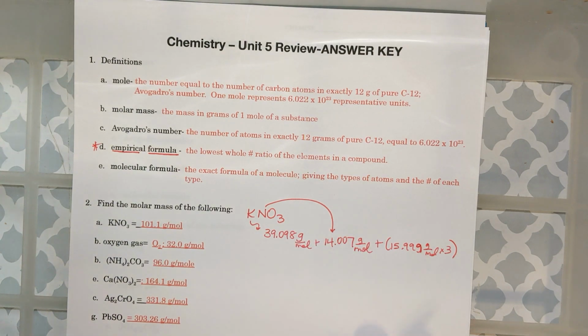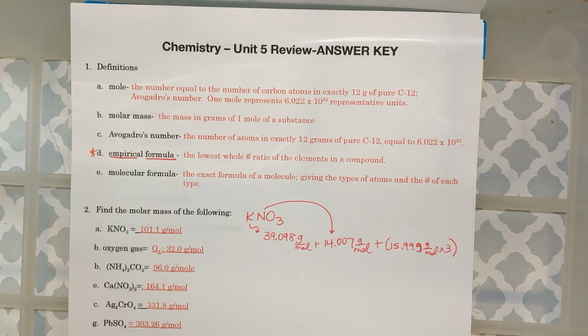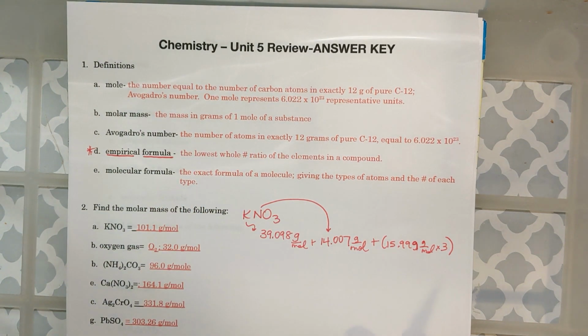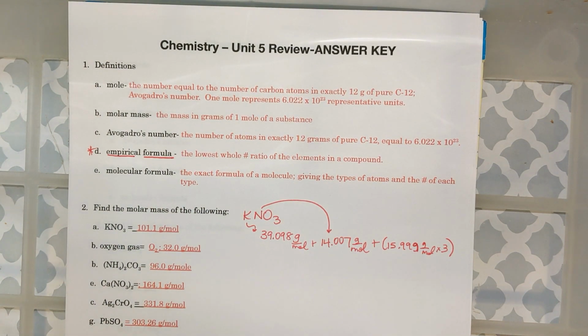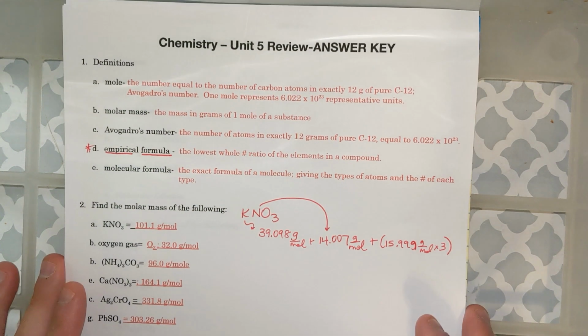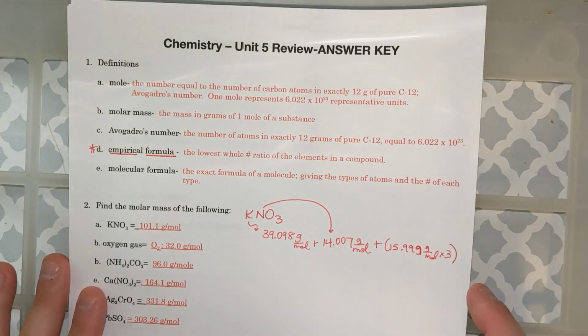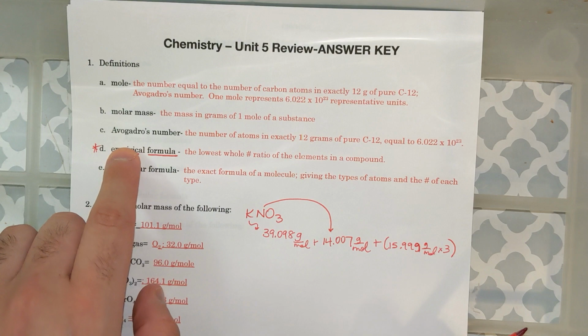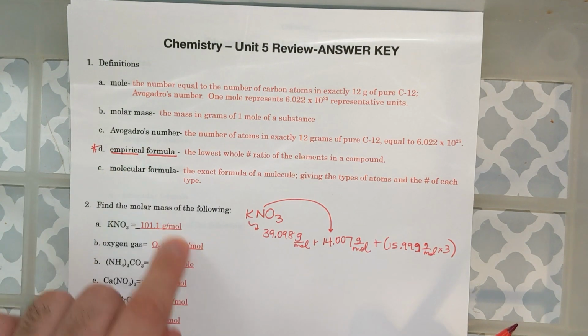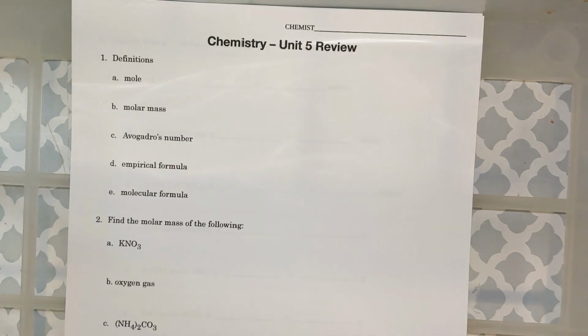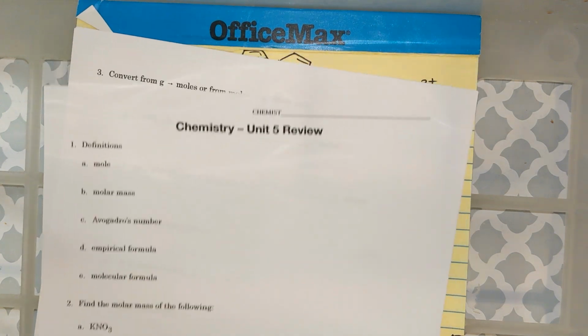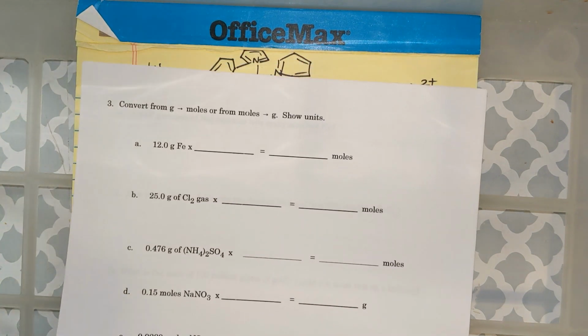So that is how you are doing question 2, just getting all these molar masses from the periodic table. If you want to get these answers, you could just pause and get all of the answers so you know what the definitions are of a mole, molar mass, Avogadro's number, molecular formula. All right, so now let's look at doing some worked problems here.